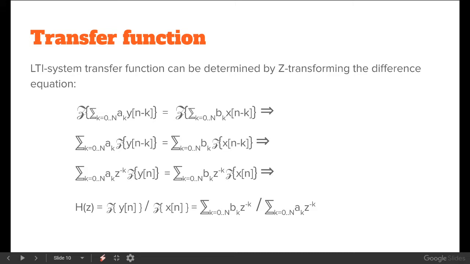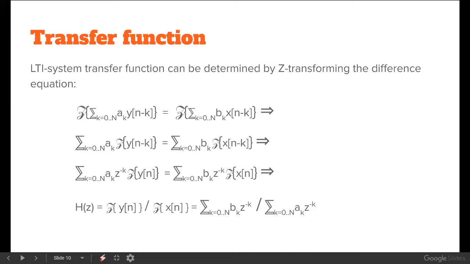So that actually goes into a_k times z to power of minus k times, now we have this one as a common multiplier.